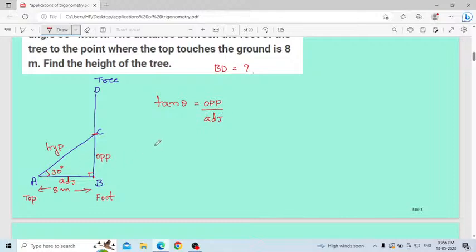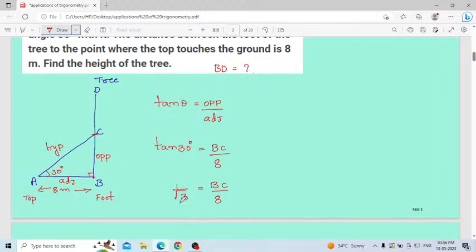Here consider tan 30 degrees. It will be opposite, here BC. We don't know the opposite value, so write BC as it is. Adjacent is given, that is 8 meters. Then you know the value of tan 30 is 1 by root 3, equal to BC divided by 8.